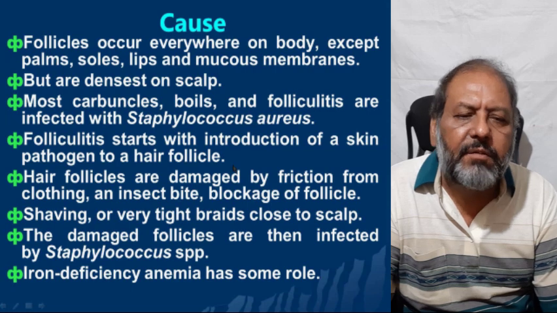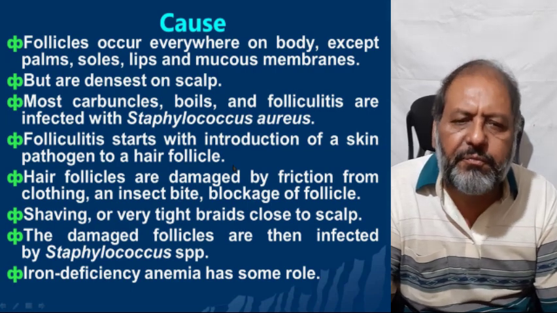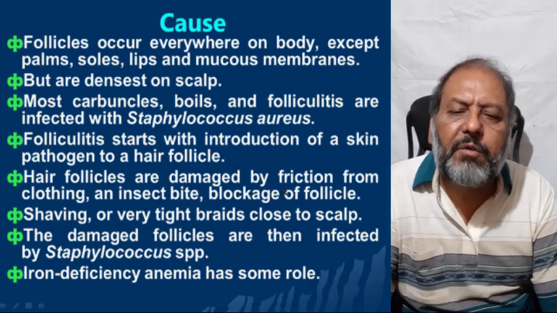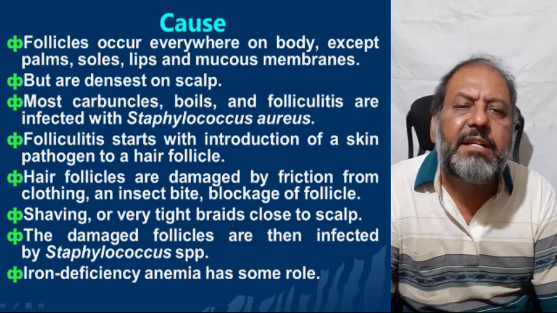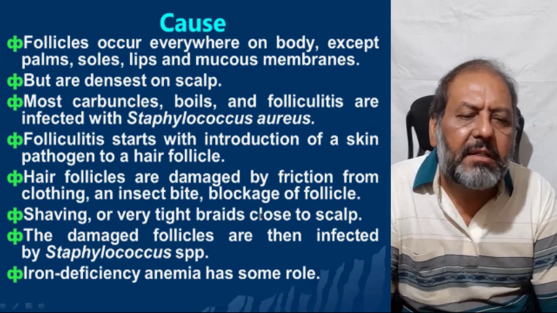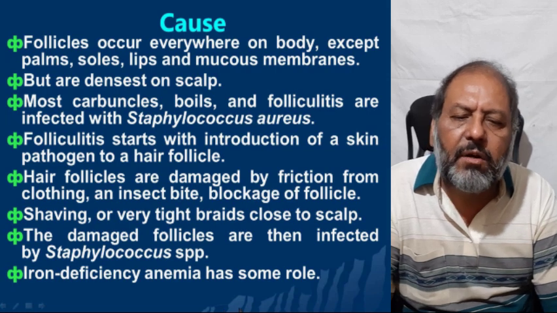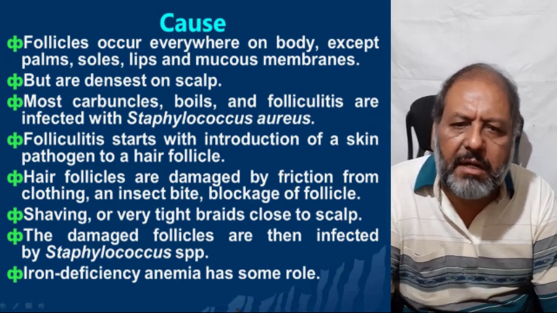Folliculitis starts with introduction of the skin pathogen to a hair follicle, as I have shown you in the previous slide. Hair follicles are damaged by the friction from the clothing and insect bites, and that all causes the blockage of the follicle. Shaving or very tight braids close to the scalp also cause this.